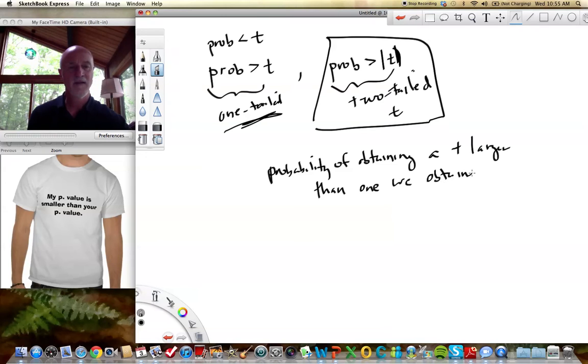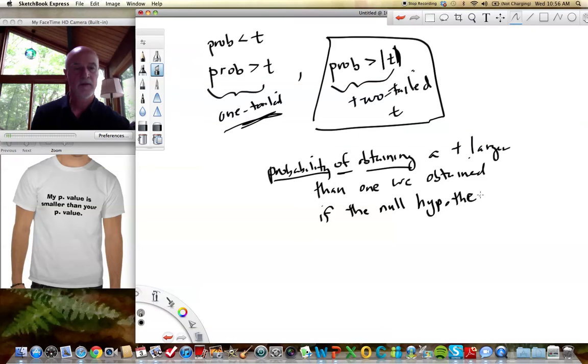But that probability is with respect to a particular hypothesis. And it is with respect to the null hypothesis. If the null hypothesis is true.